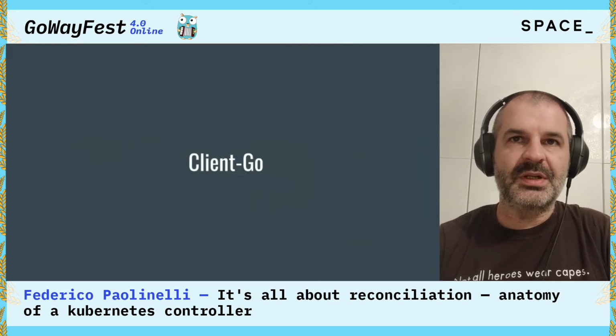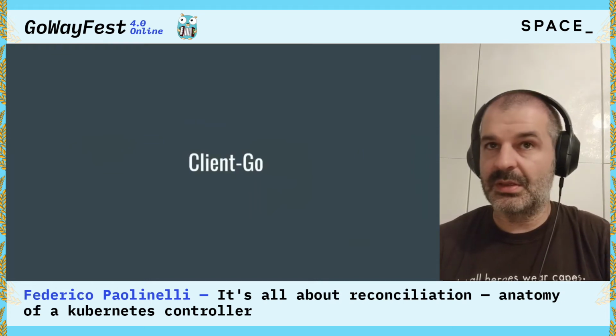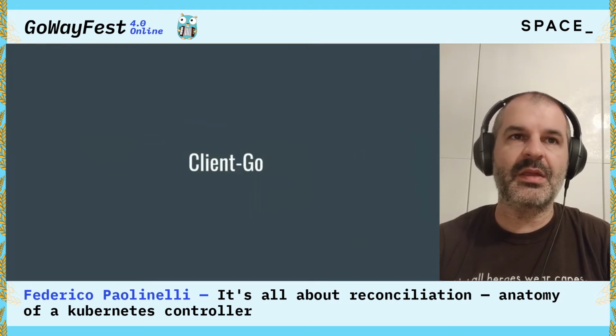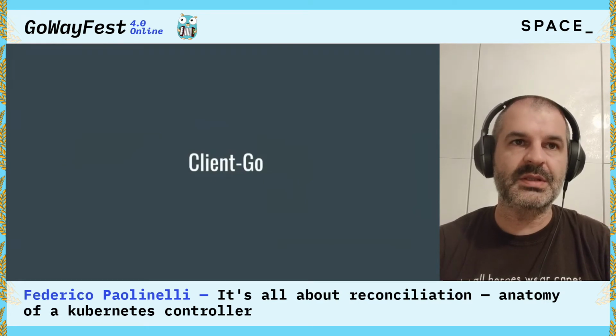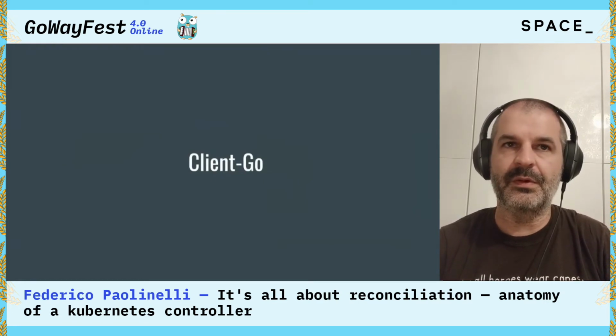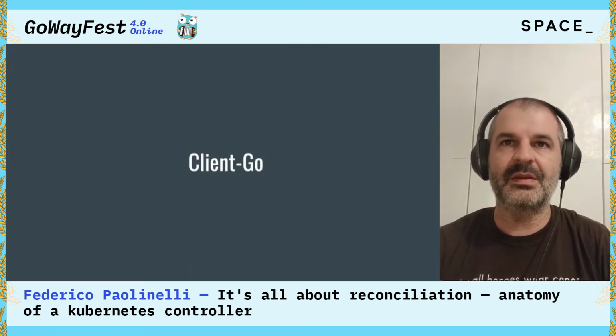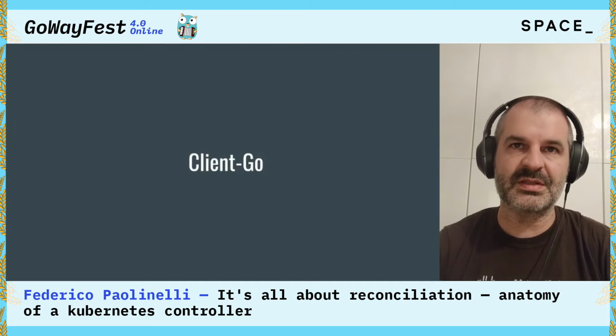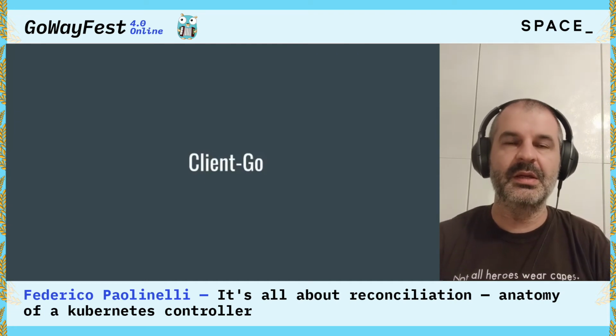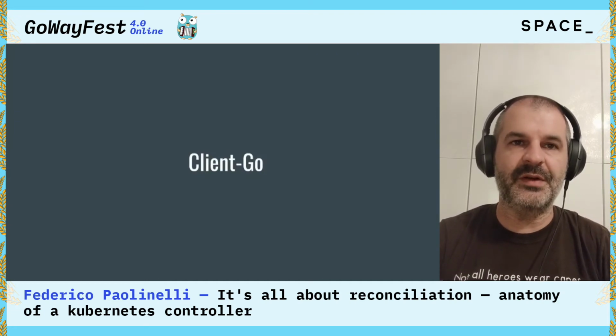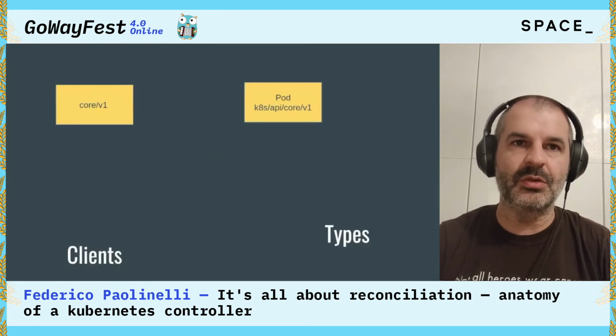So let's see how to interact with this, how to implement it in Go. In the beginning, I thought that client-go was a client, the same for each type, but the reality is that there is no such thing as a Go client. Client-go is more like a framework. Each type belongs to a group.